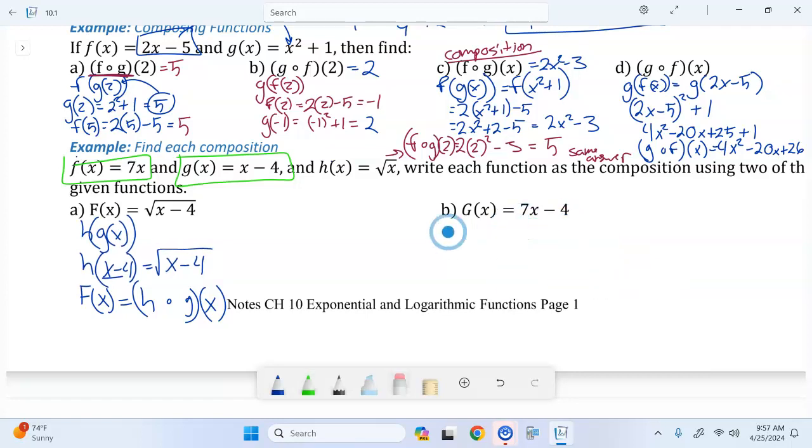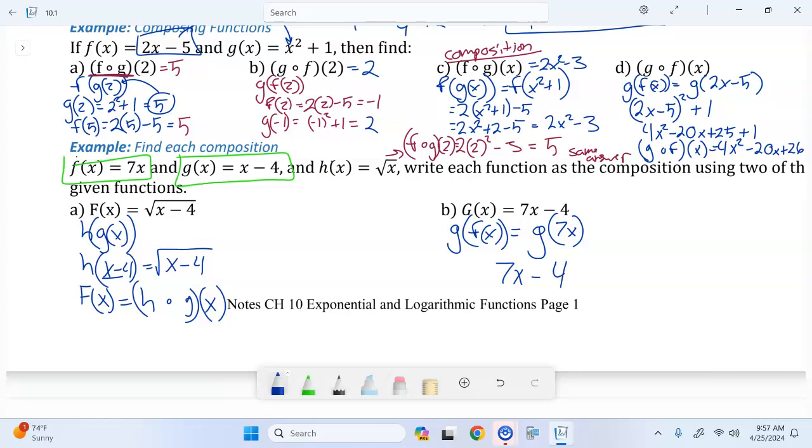If you try the other way, is it possible, or is it always going to be one or the other? In this type of situation, it should be one or the other, right? Not trying to trick you. Now I'm saying, hey, some of these functions I can combine to get my other function. Which one is it? So I've got g of 7x. G is x minus 4. So when we compose it in, we get 7x minus 4.